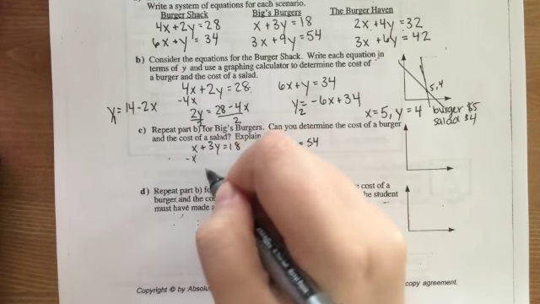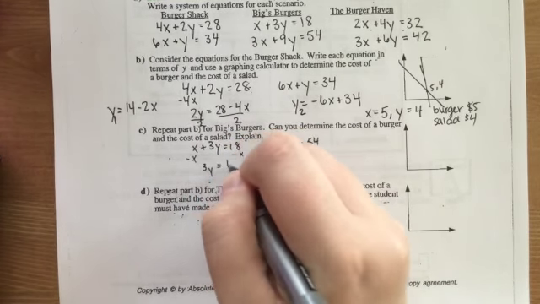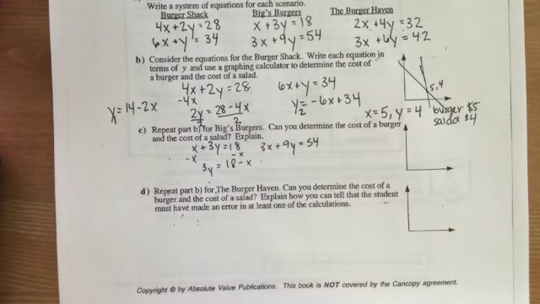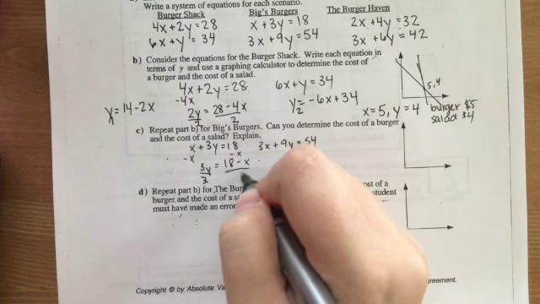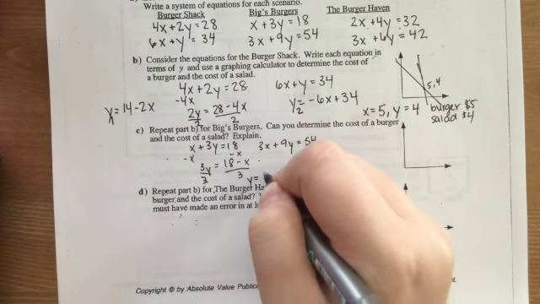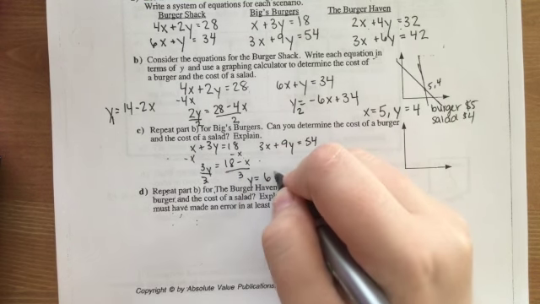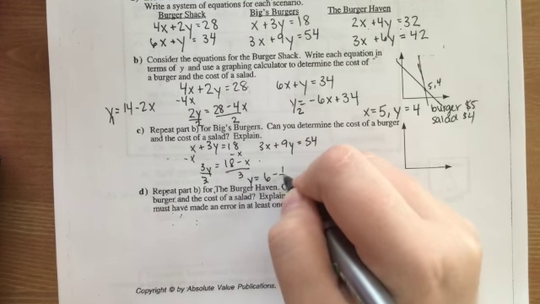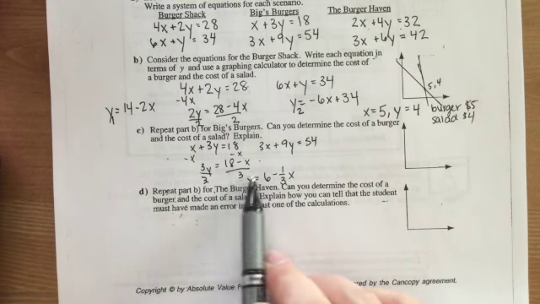So I'm going to take away x from both sides: 3y equals 18 minus x. To graph y equals, divide by 3: y equals 18 divided by 3, 6, minus 1 divided by 3 x.